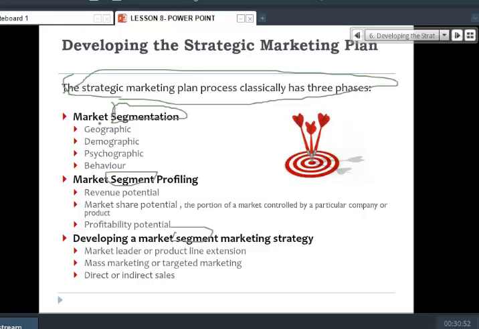You need to know whether there are other companies selling the same product. You need to know about the profitability potential, how much profit, how much revenue you are going to gain.